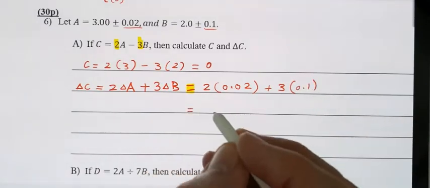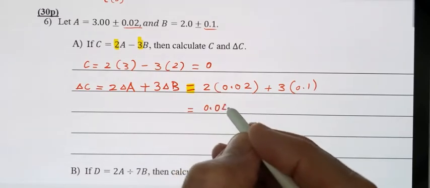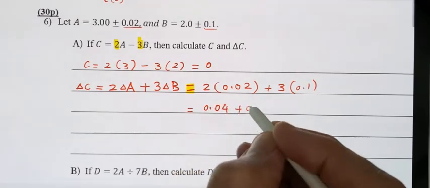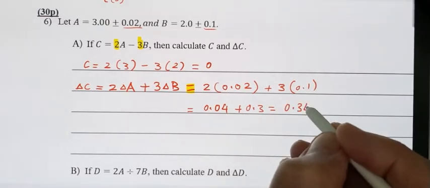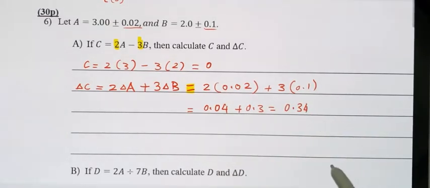So that is 0.4 plus 0.3, which means 0.7.